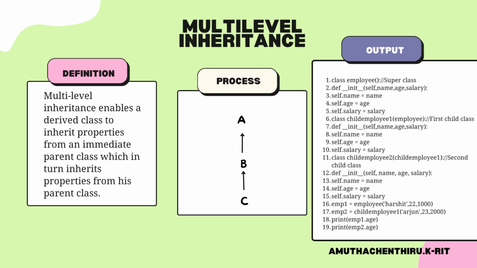Here I have defined the superclass as employee and the child class as child employee 1. Now child employee 1 acts as a parent for child employee 2. I have instantiated two objects F1 and F2, where I am passing the parameters name, age, salary for F1 from the superclass employee, and name, age, salary from the parent class child employee 1.